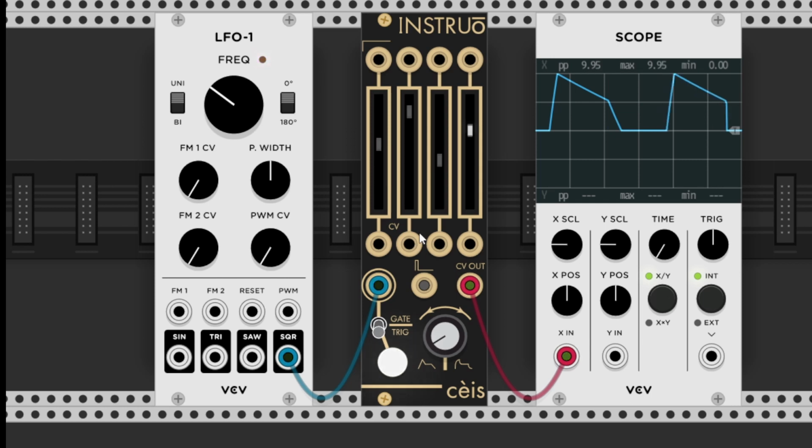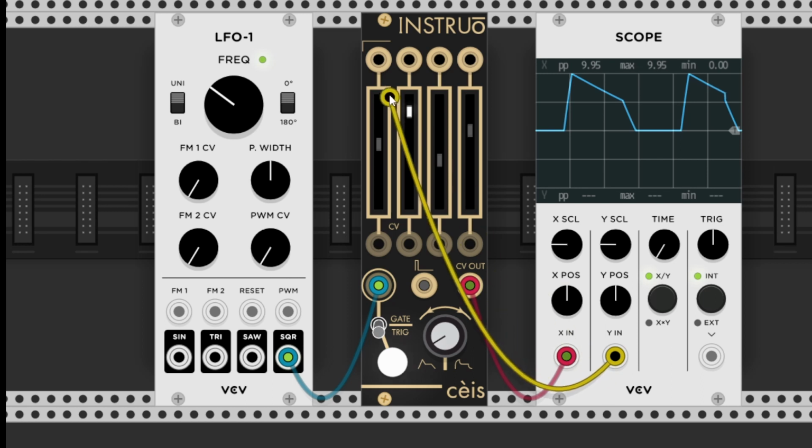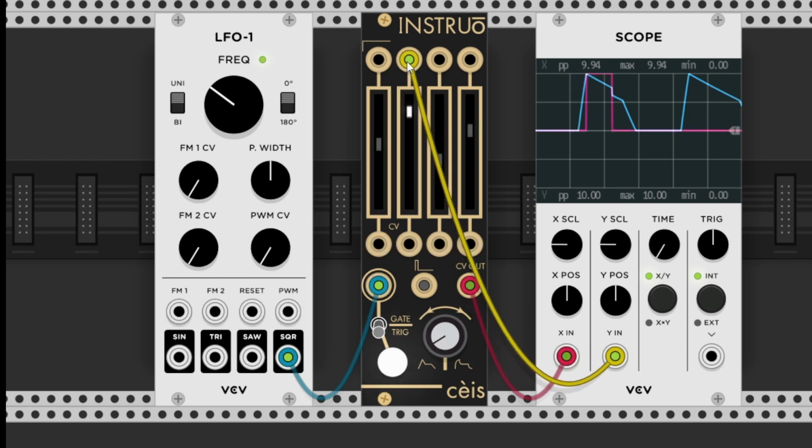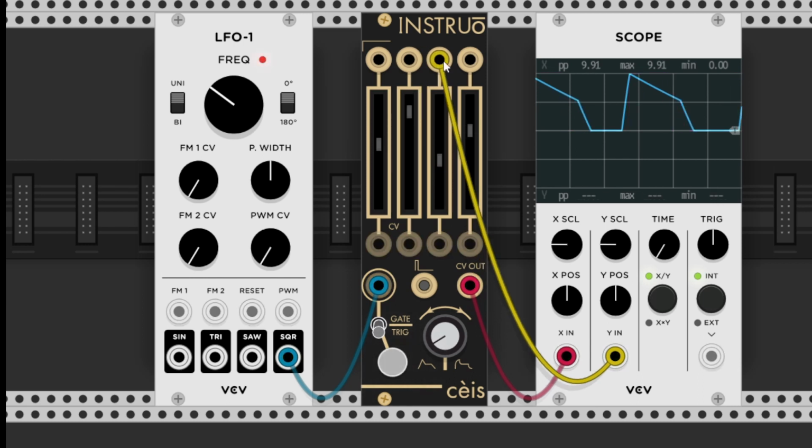Interesting is what happens above the sliders, and let me show this. And we see, now I'm above the decay phase, and during the decay phase, this jack sends a gate out, logical high.